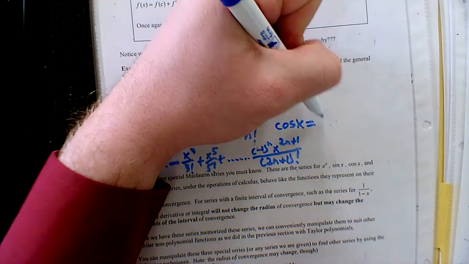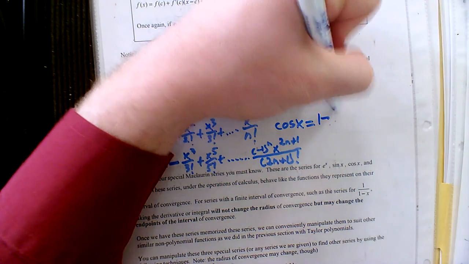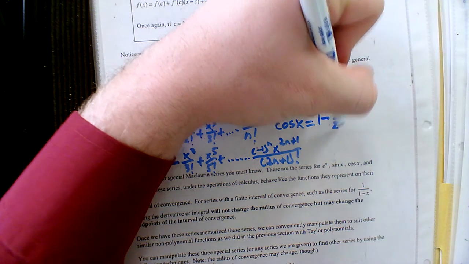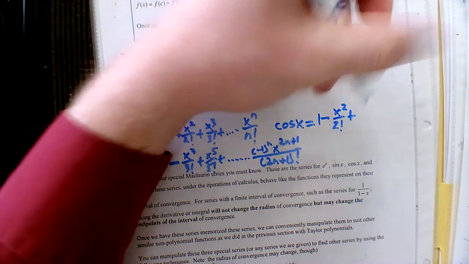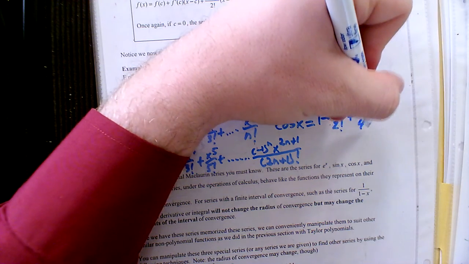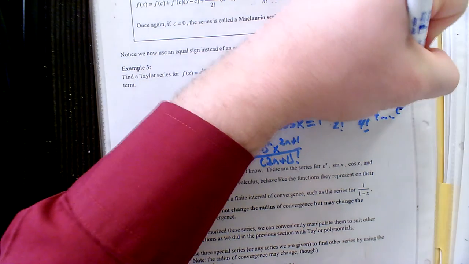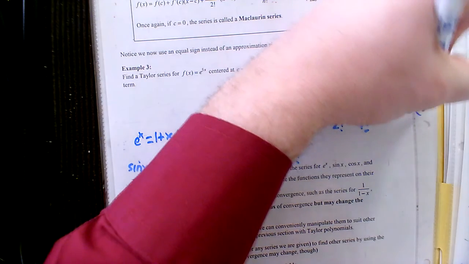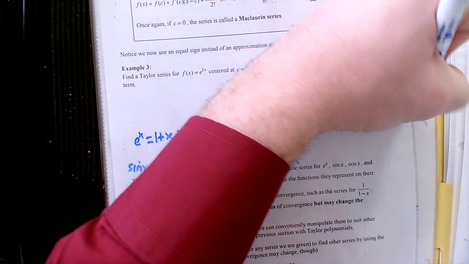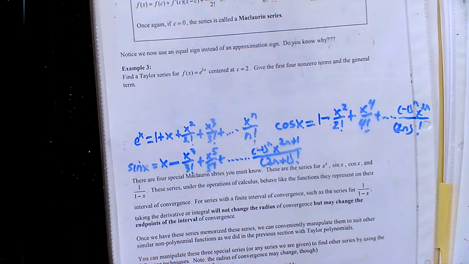It's just 1 minus x squared over 2 factorial, minus, or yeah, plus x to the 4th over 4 factorial. So we have the alternator again, negative 1 to the n. I'm going to run out of room here, but we have x to the 2n all over 2n factorial.